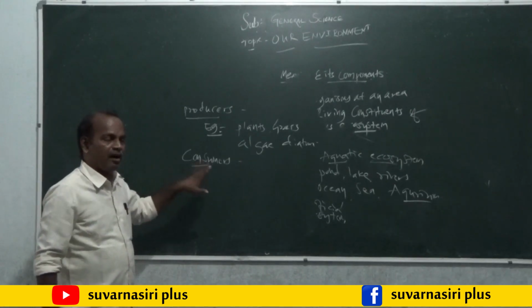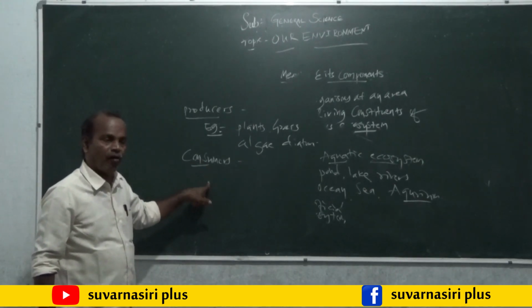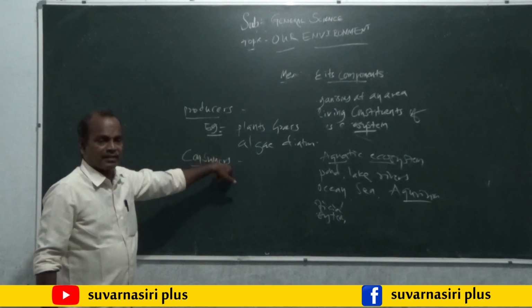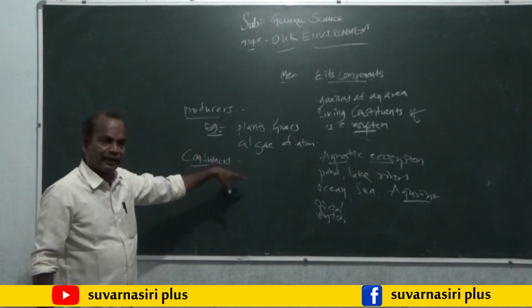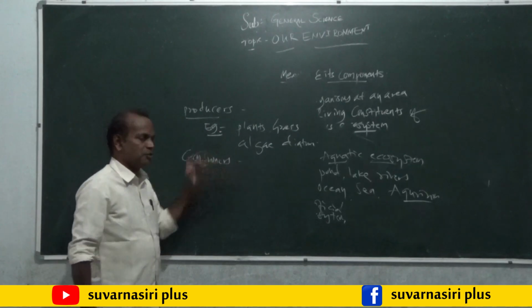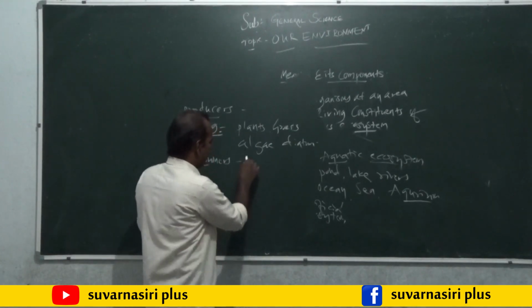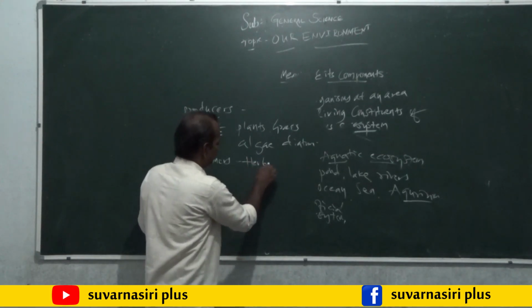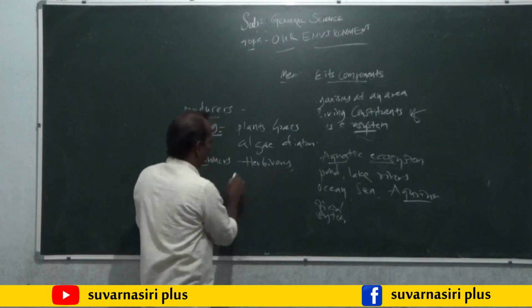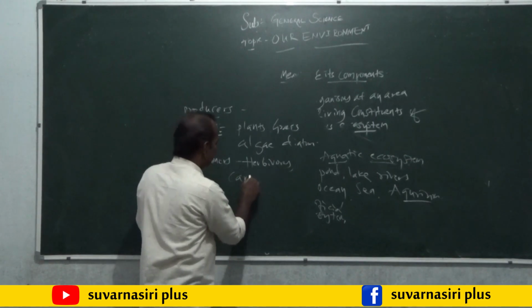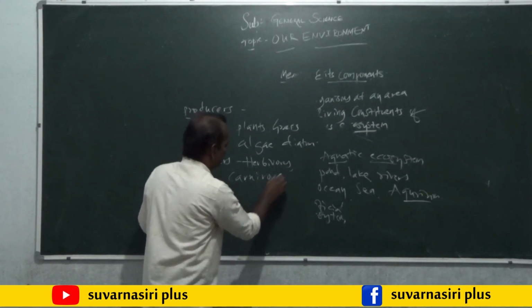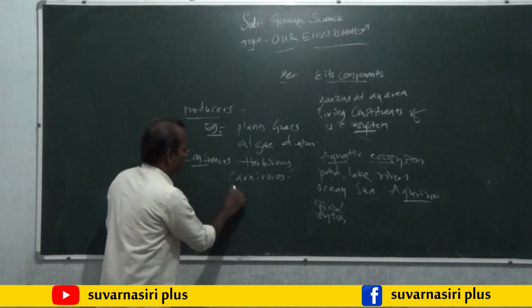Consumers are the organisms which feed on producers directly or indirectly. Consumers are of three types: herbivorous, carnivorous, omnivorous.